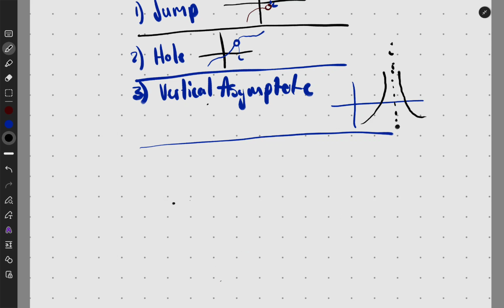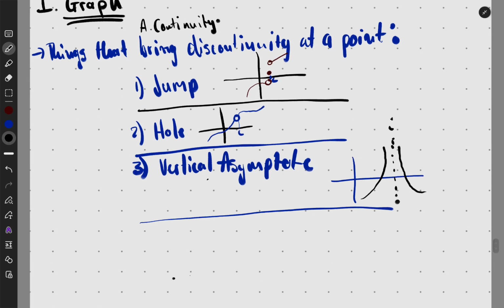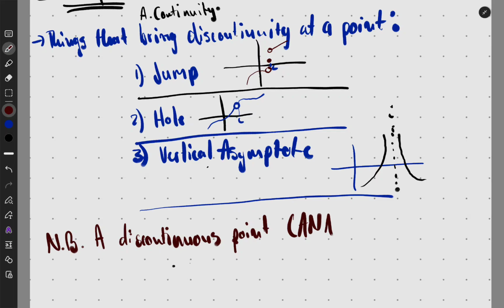But if these things are there, remember we are talking about a graph, okay? So in part A, it was for continuity. Things that make it not continuous. We have seen them, okay? Things that bring discontinuity at a point. Now, what you must know in B is that a discontinuous point cannot be differentiable.